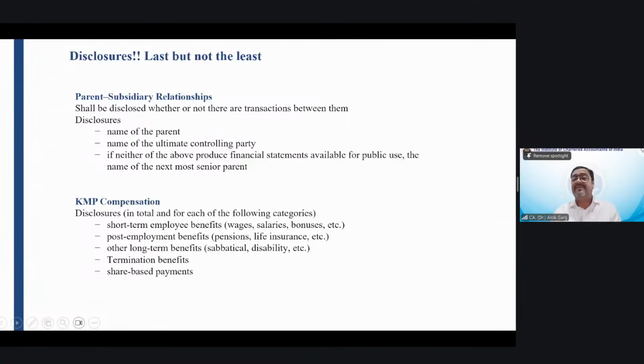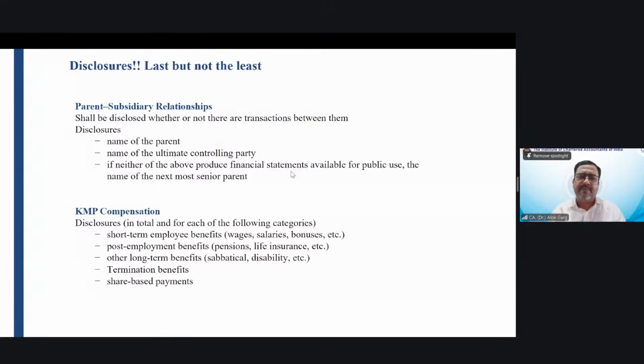Disclosure requirement, parent subsidiary relationship. Friends, if an entity has 500 subsidiaries, or let's say 500 related parties, whether that entity is required to show the name, relationship, transaction, whether all the disclosure requirements have to happen with all the 500 subsidiaries, associates and joint ventures, or all the 500 companies.